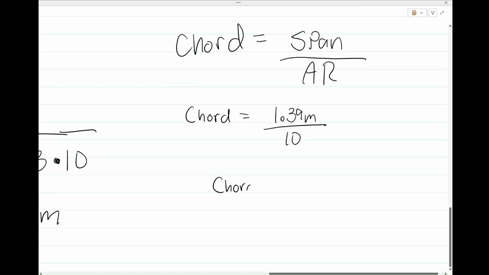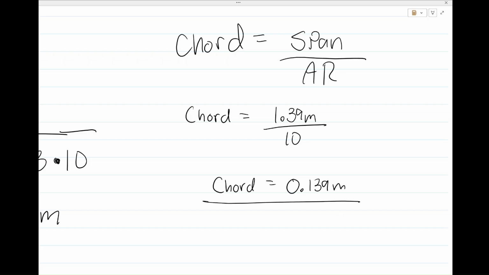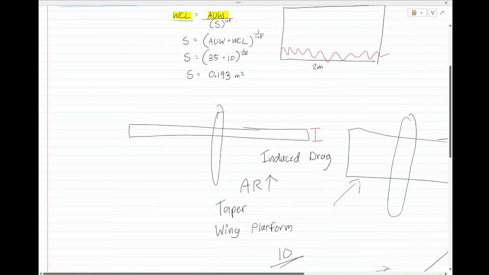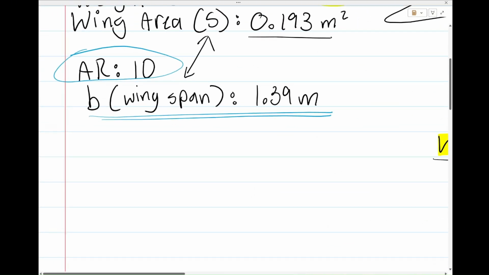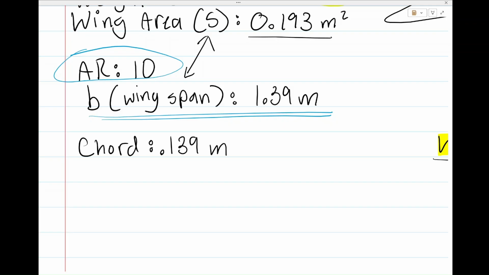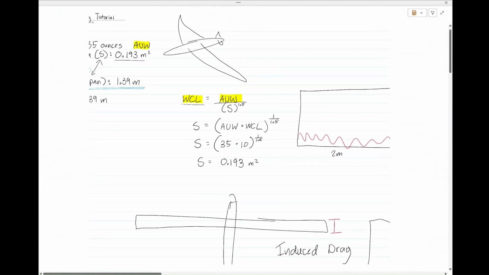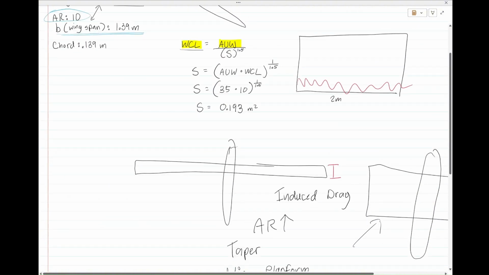Hopefully I don't need a calculator for this. I just move this over a decimal point. This is my chord. Again, if my plane was a rectangle, don't make your planes rectangles, guys. Chord equals 0.139 meters. So this is a relatively small chord, and that will help me keep my induced drag down on my glider.